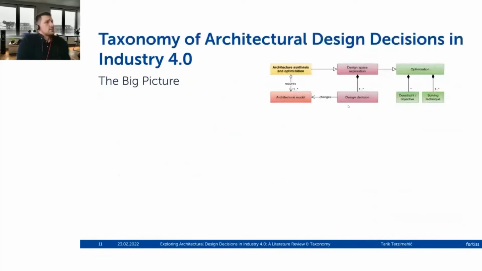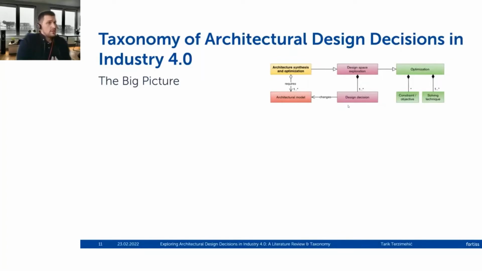So now we will see a big picture of the taxonomy. What we notice is that architectural synthesis and optimization in Industry 4.0 revolves around 3 major topics, each of them evolving into a sub taxonomy, so to say. Architectural synthesis and optimization needs architectural models as an input to derive different decisions, and this synthesis is done as a part of design space exploration.